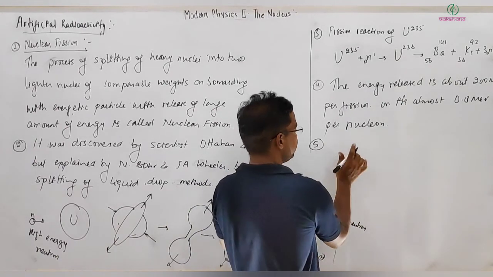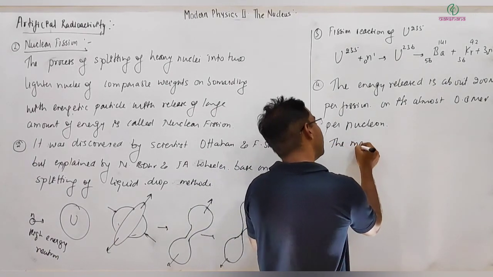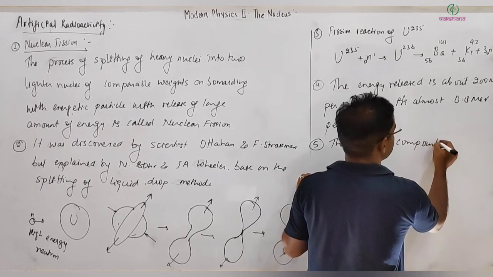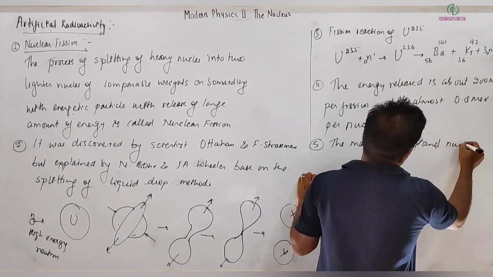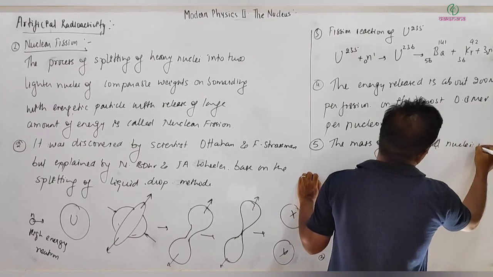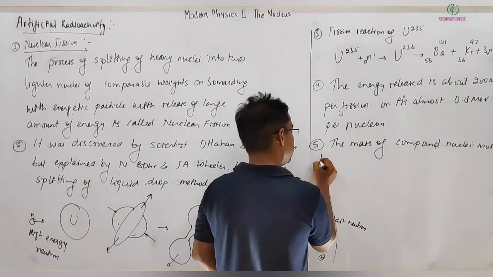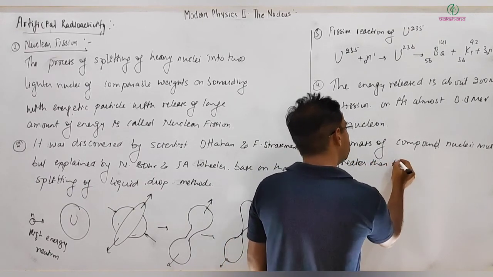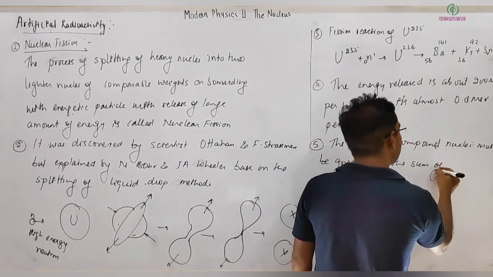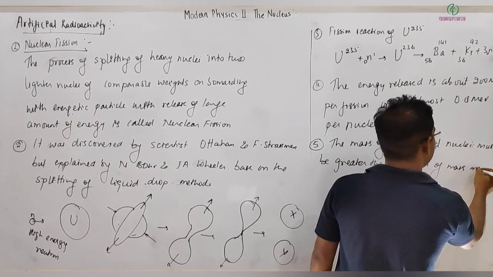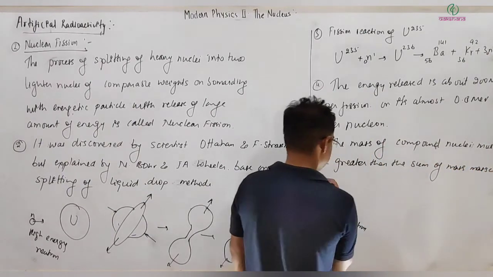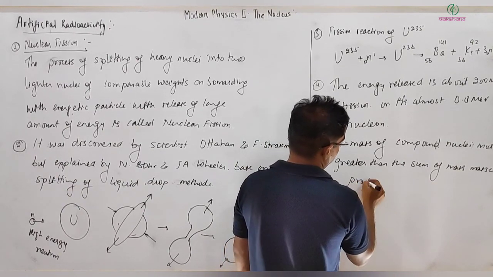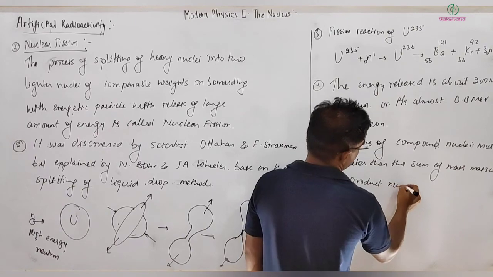And here we can definitely write that the mass of the compound nucleus must be greater than the sum of masses of the fragment or product nuclei.